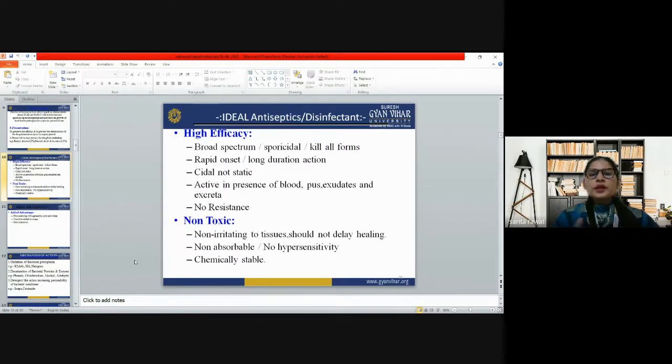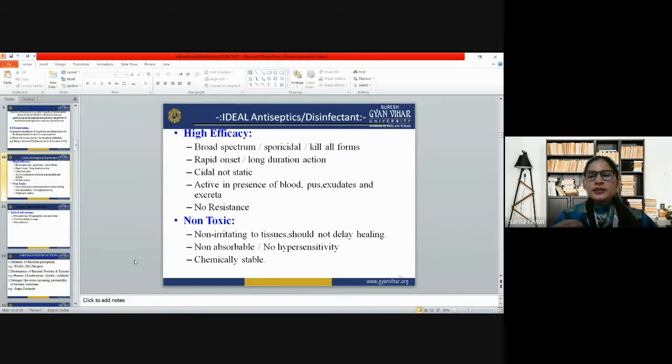Now, what are the ideal characteristics of antiseptics and disinfectants? So when we talk about their ideal characteristics, they should be highly effective, like they have broad spectrum activity, they have sporicidal ability, the ability to kill all forms of microorganisms.